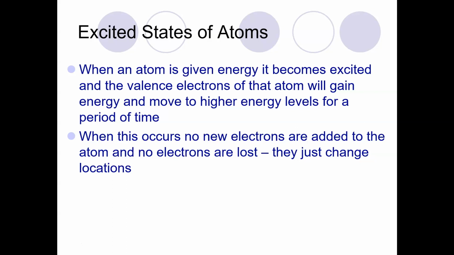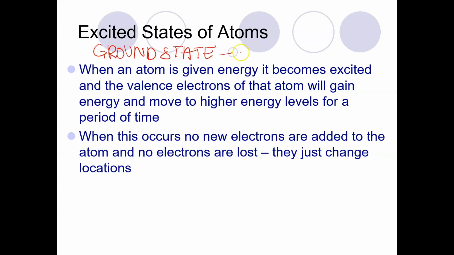Anyway, for that moment in time, when you run electricity through an element and the electron has jumped up to a higher energy level, that electron configuration is not the same as what it normally would be. That's called the excited state electron configuration. Every single electron configuration before now has been the ground state electron configuration.